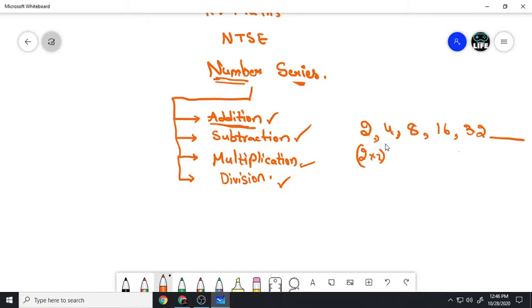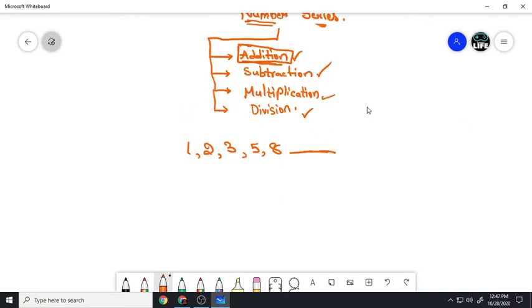If they ask you like this, how can you answer? It's very simple. As you can observe, 2 plus 1 is 3. 3 plus 2 is 5. 5 plus 3 is 8. So 8 plus 5 is how much? 13. So 13 is the answer.